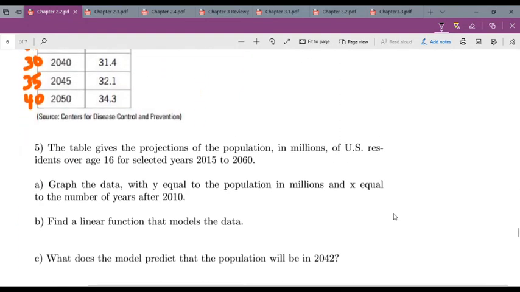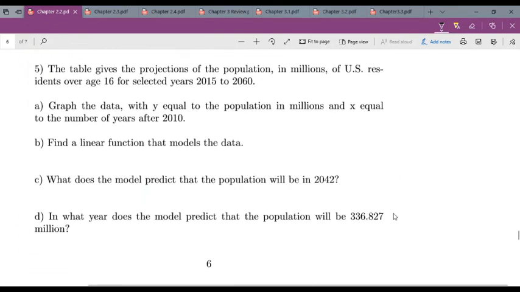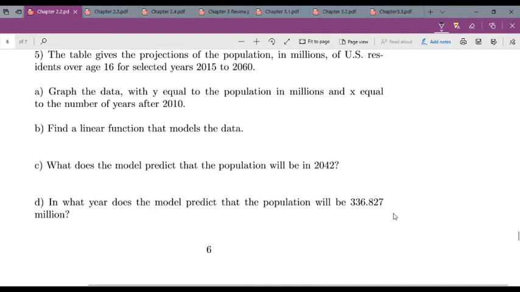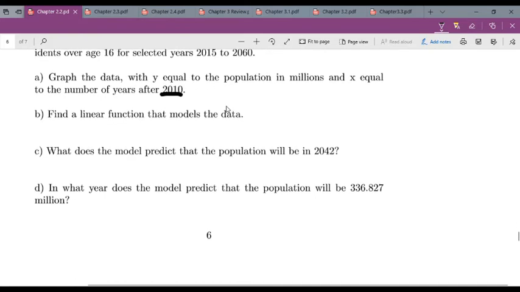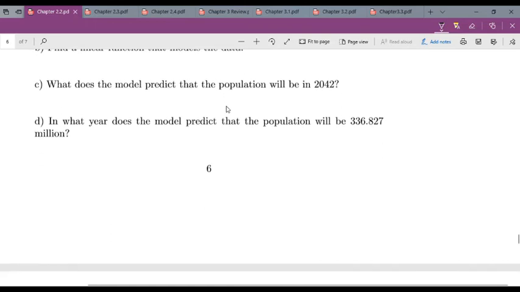Easy enough. Alright, if we look at number 5, it says the table gives the projections of the population in millions of U.S. residents over age 16 for selected years from 2015 to 2060. Graph the data with y equal to the population in millions and x equal to the number of years after 2010. So we're going to have to adjust this one to 2010. B says find a linear function that models the data. C says what does this model predict the population will be in 2042.